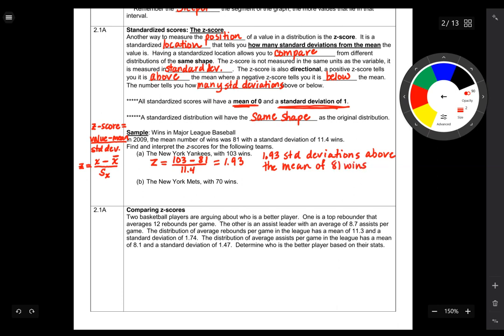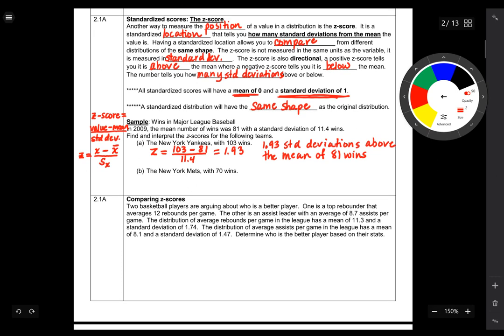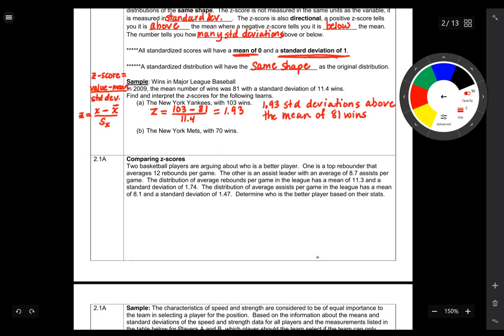Okay. And now let's do the New York Mets with 70 wins. So the z-score is equal to 70 minus 81 divided by 11.4. That'll give you a negative value. It's negative 0.96. So what does the negative tell you? And remember, that's why we said when we're talking about standard deviations, you mention if it's above or below the mean.